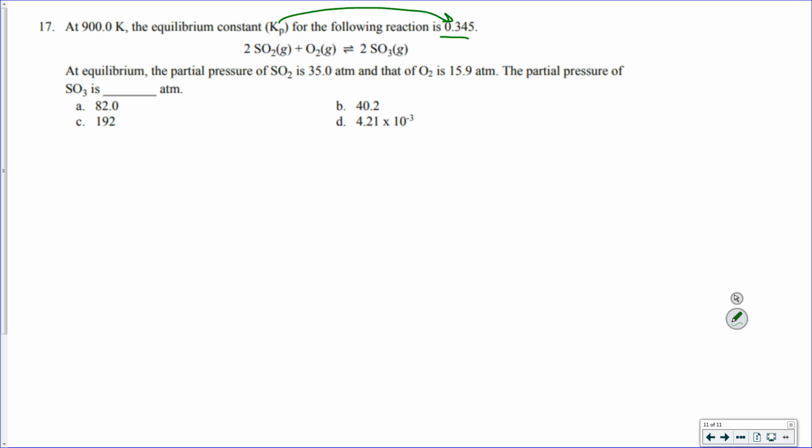I know the partial pressure of the SO2. I know the partial pressure of the O2. The one that I don't know is the partial pressure of the SO3.